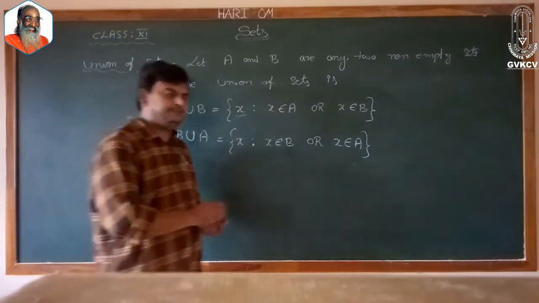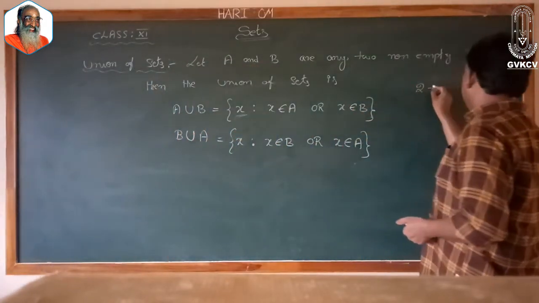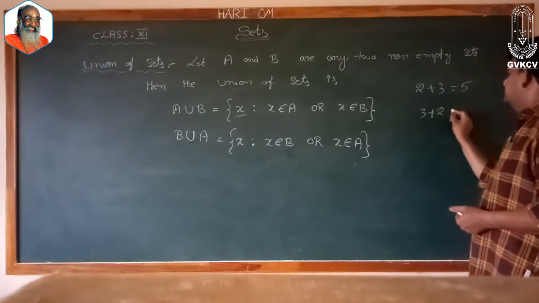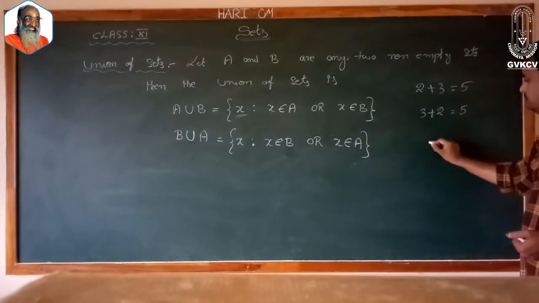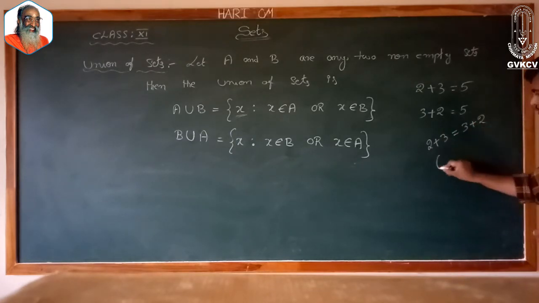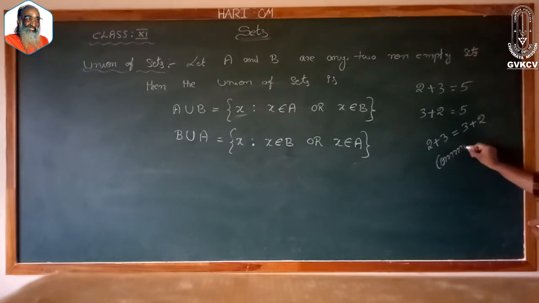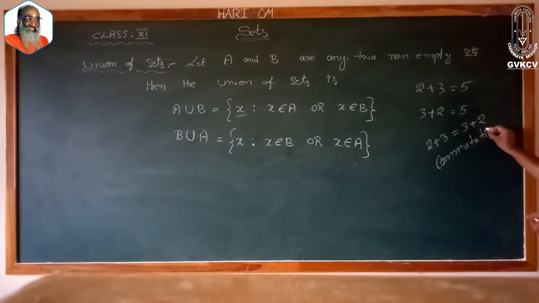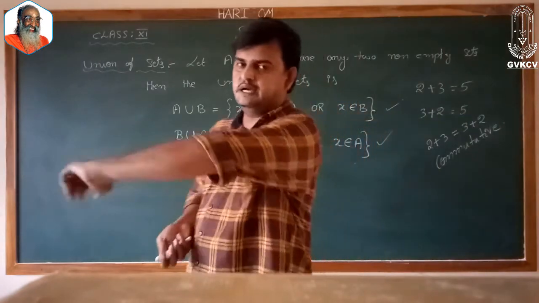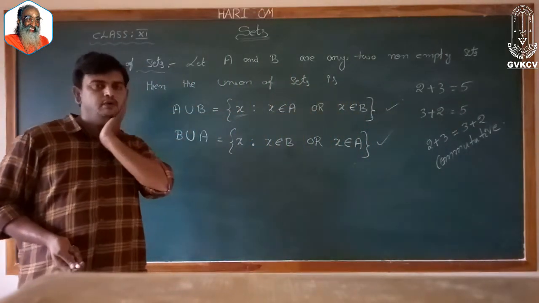Like in addition, 2 plus 3 is equal to 5, and 3 plus 2 is equal to 5. Means 2 plus 3 is equal to 3 plus 2, which is called the commutative property. So here also union of sets satisfies the commutative property.